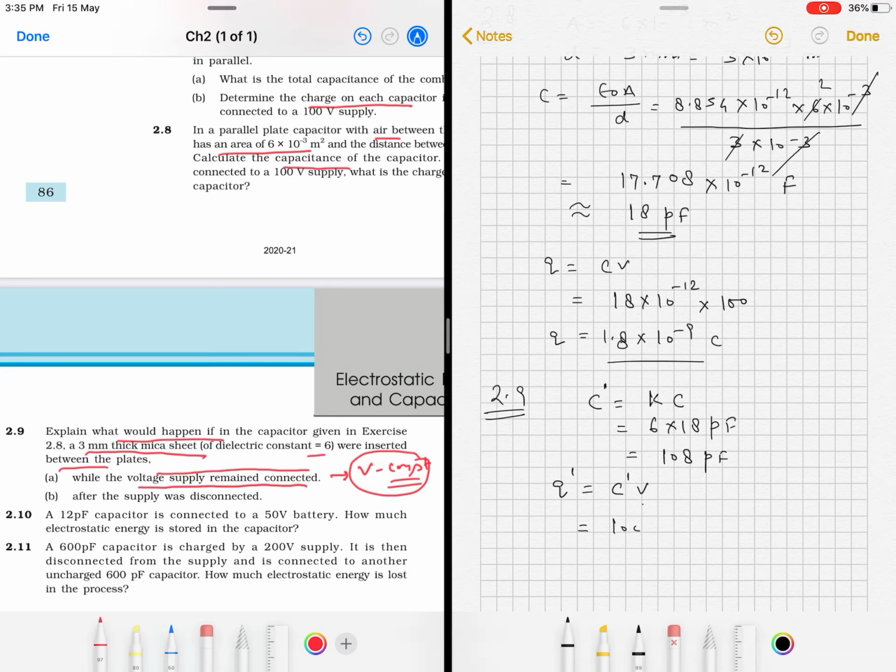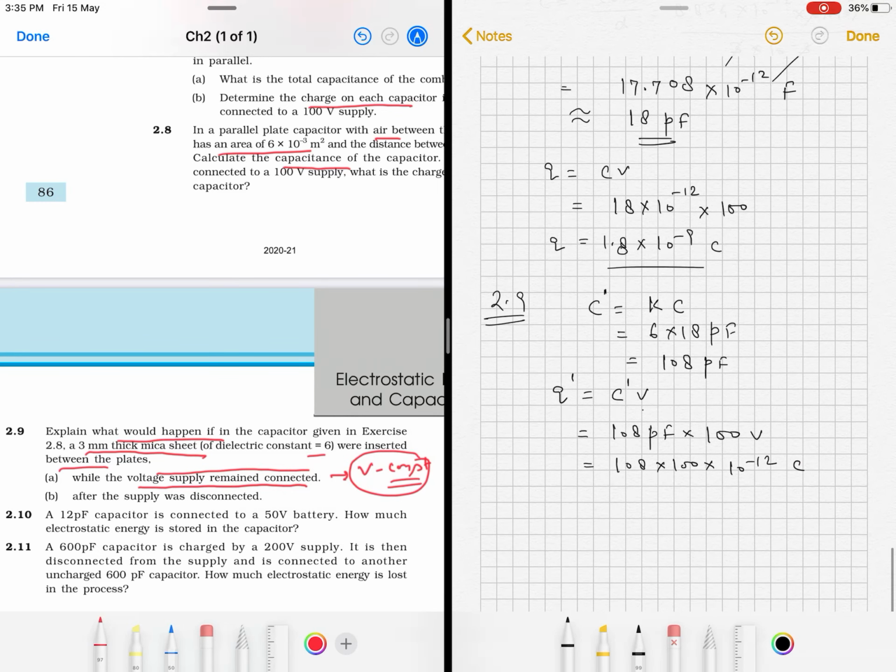So C dash is 108 picofarad into V. The battery voltage is constant, it is 100 volt. So we have 108 into 10 to the power minus 12 farad into 100 volt, so it becomes coulomb.